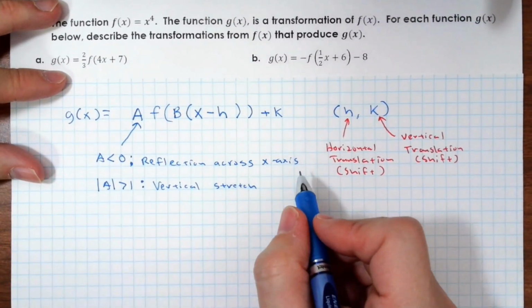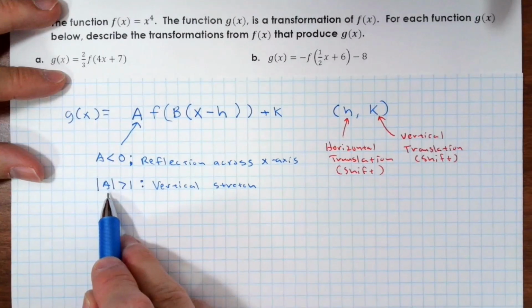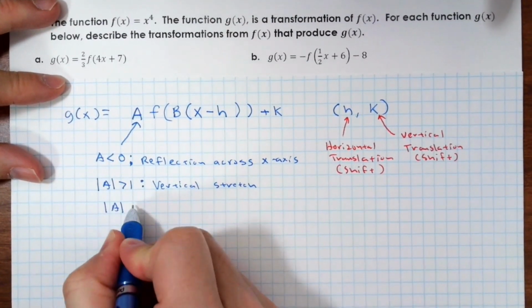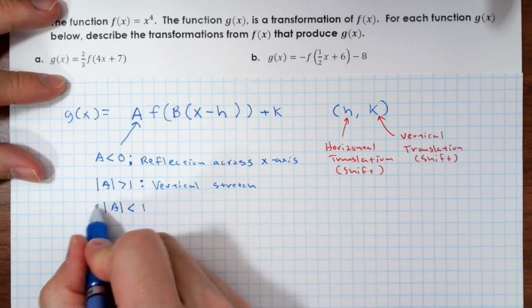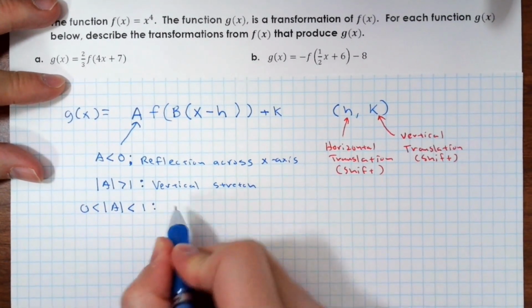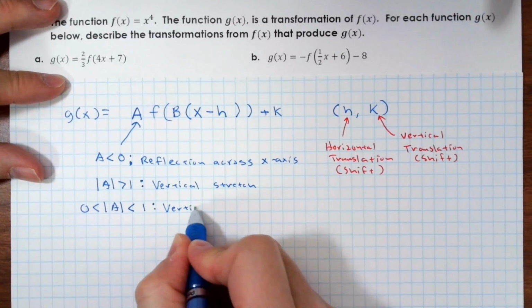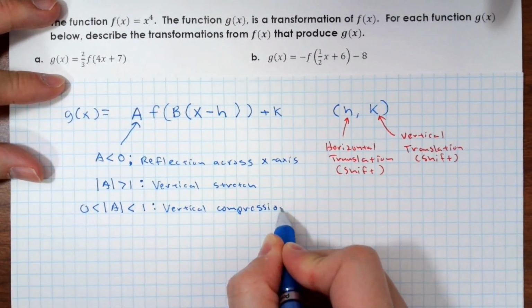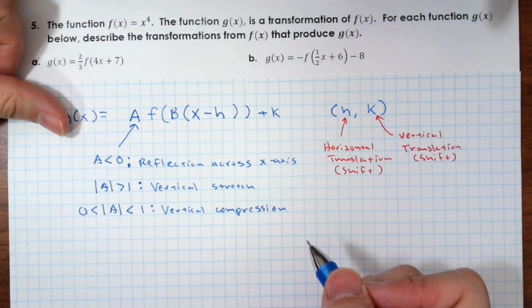You could talk about it with a scale factor of absolute value A. If absolute value A is between 0 and 1, we have a vertical compression. And again, we could talk about it with a scale factor of whatever the absolute value of A is.